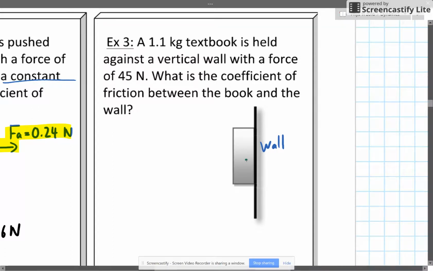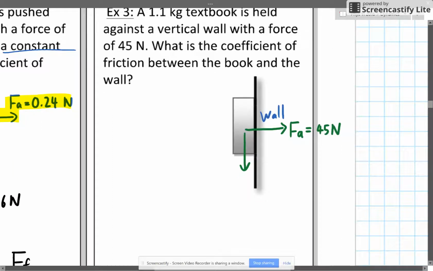Because I can say, let's say I have a force pushing into the wall, which is called the applied force. Let's say the applied force in this question is 45 Newton. Because we are on Earth, there must be a force of gravity.